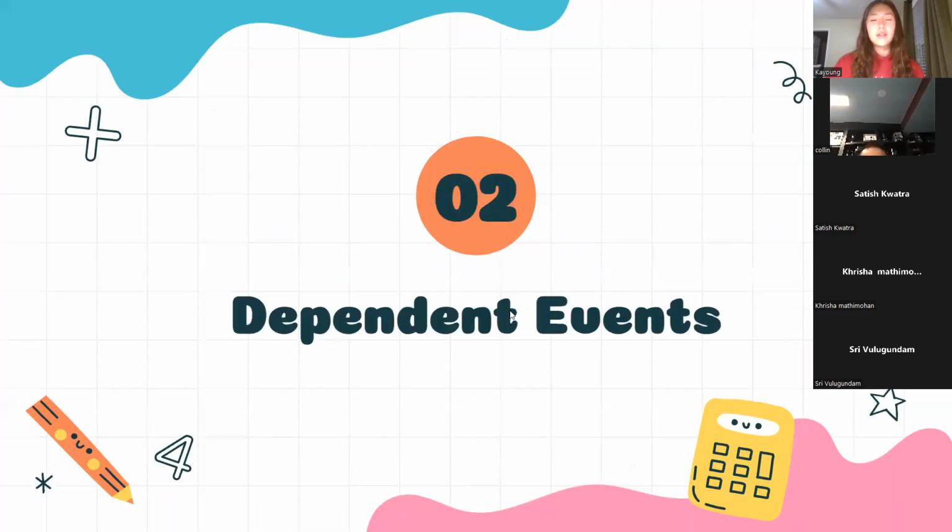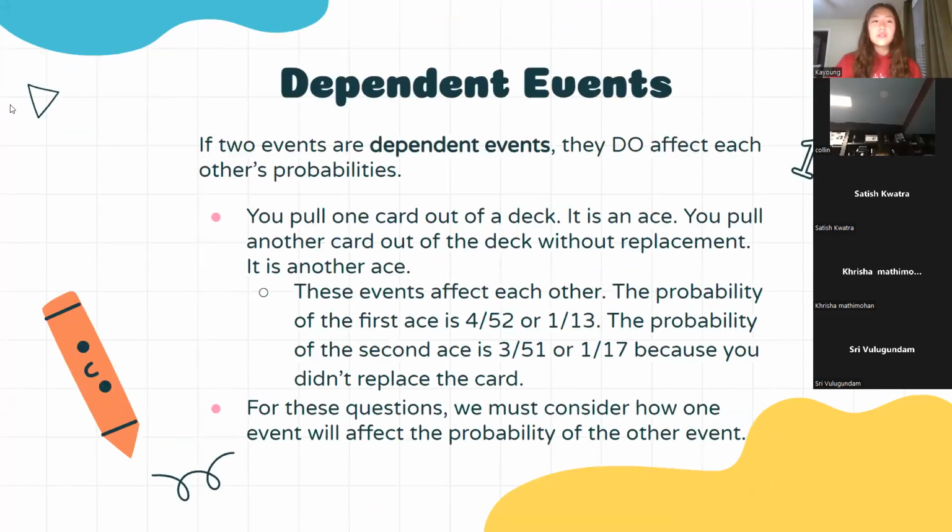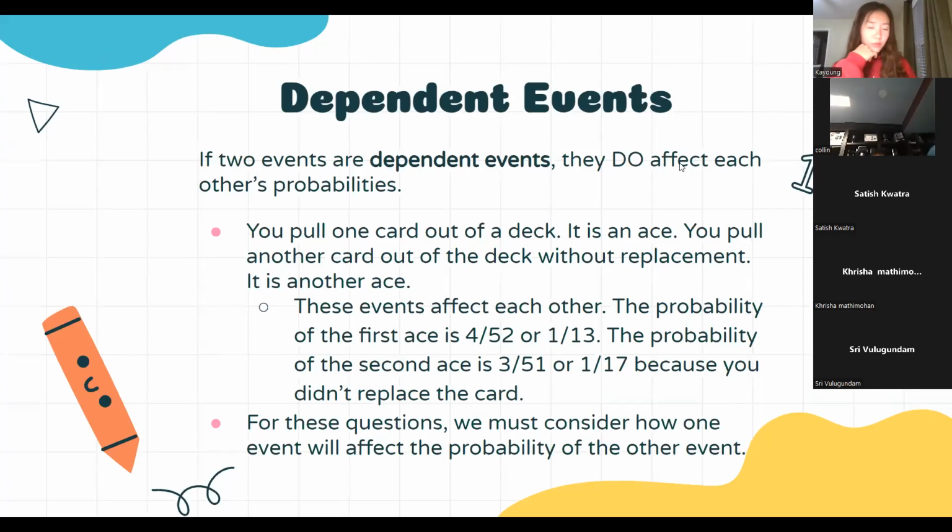Now, dependent events. If independent events are separate, then dependent events aren't separate, right? They're together. They have some sort of relationship. If two events are dependent, they do affect each other. For example, this is a really common example: you pull one card out of a deck and it's an ace, okay?